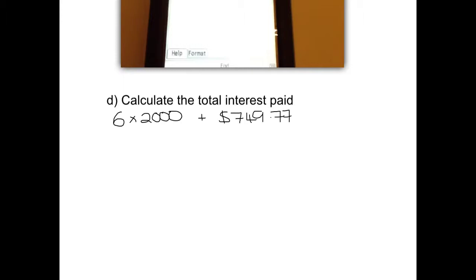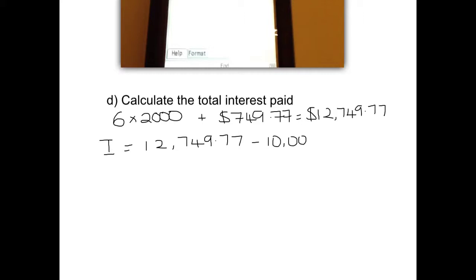So in total, we paid $12,749.77. So the interest is the amount that we paid, $12,749.77, minus the amount that we borrowed, which was $10,000. So the interest we paid was $2,749.77.